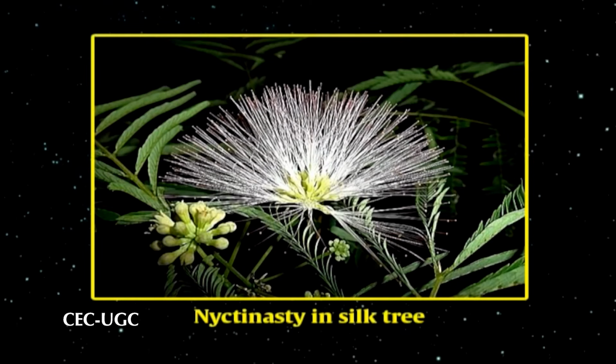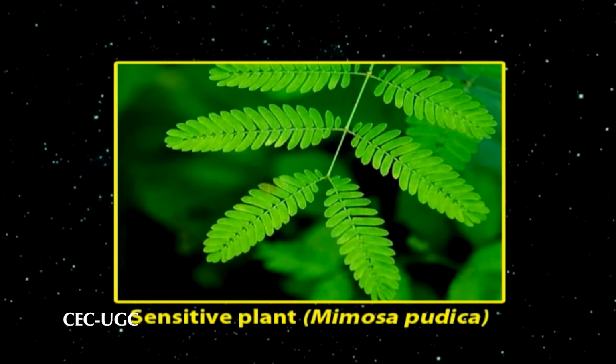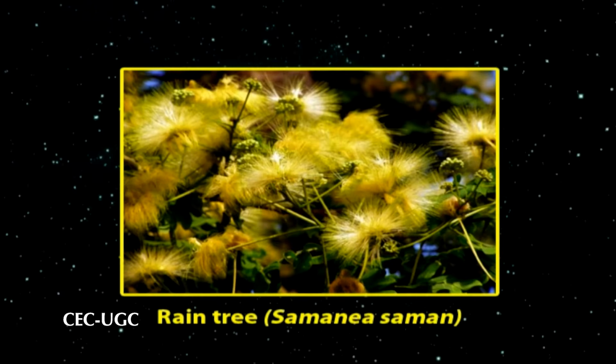Examples include the silk tree, scientifically known as Albizia julibrissin. One more common example is the sensitive plant, scientific name Mimosa pudica, and the rain tree, Samanea saman. During the night time, the tips of the opposite leaflets in the silk tree fold together.